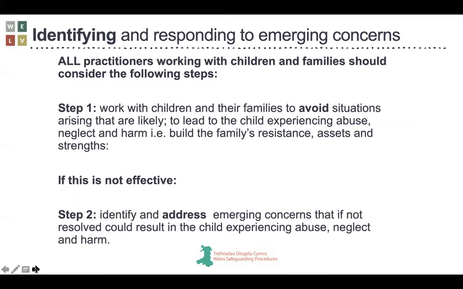For example, that might include building the family's resistance, their assets, and their strengths. If this is not effective, step 2 sees practitioners identifying and addressing emerging concerns that, if they are not resolved, could result in the child experiencing abuse, neglect, and harm.